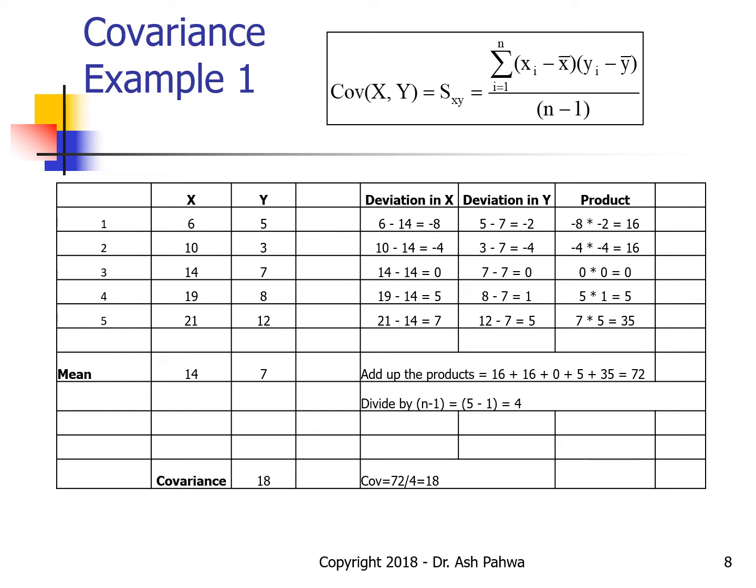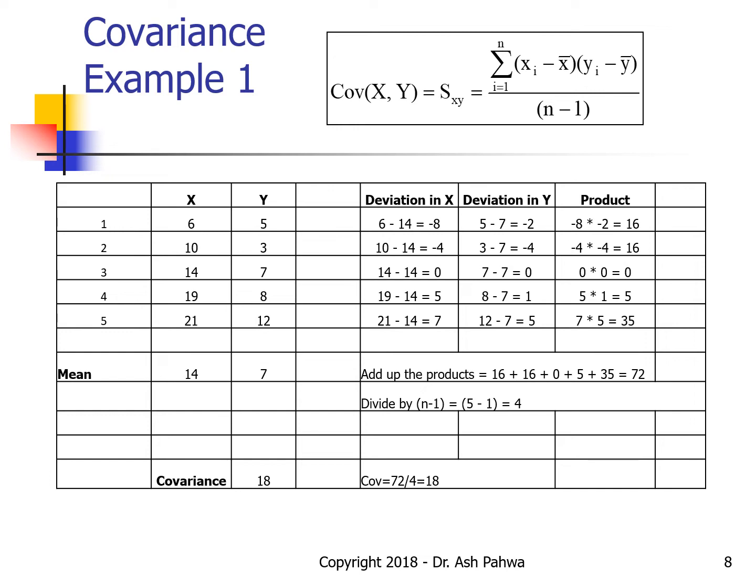Now, if we repeat each of these steps for all the 5 observations, the product of deviations will come out to be 16, 16, 0, 5 and 35. Then we will add all these numbers. So 16 plus 16 plus 0 plus 5 plus 35 comes out to be 72.